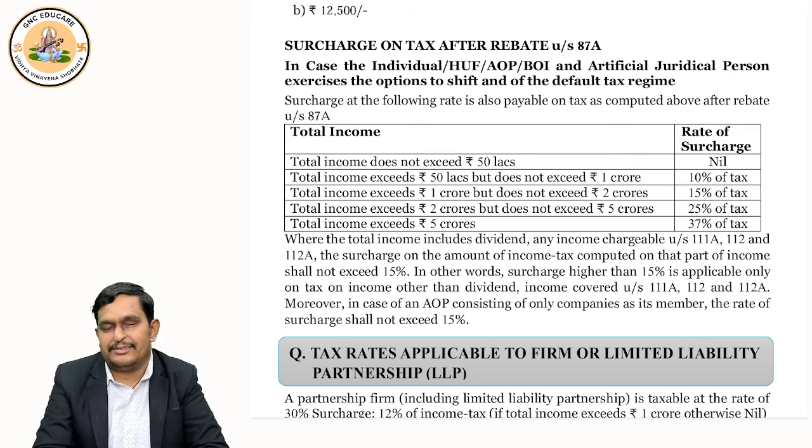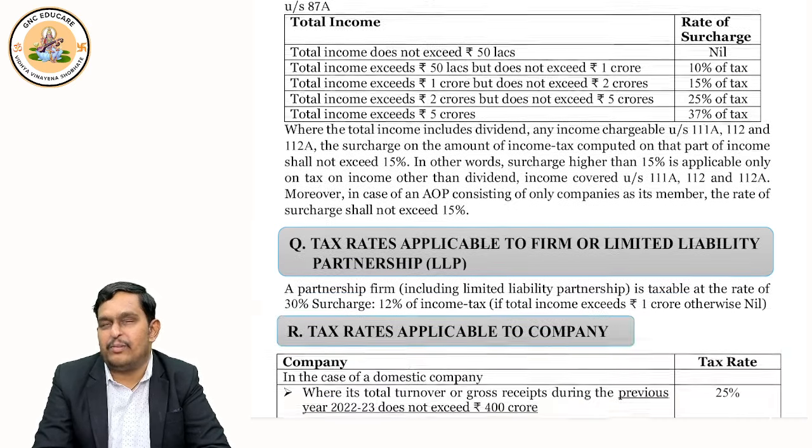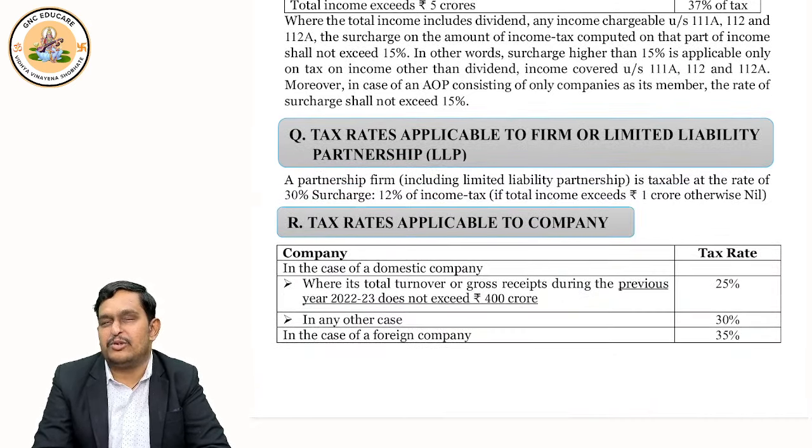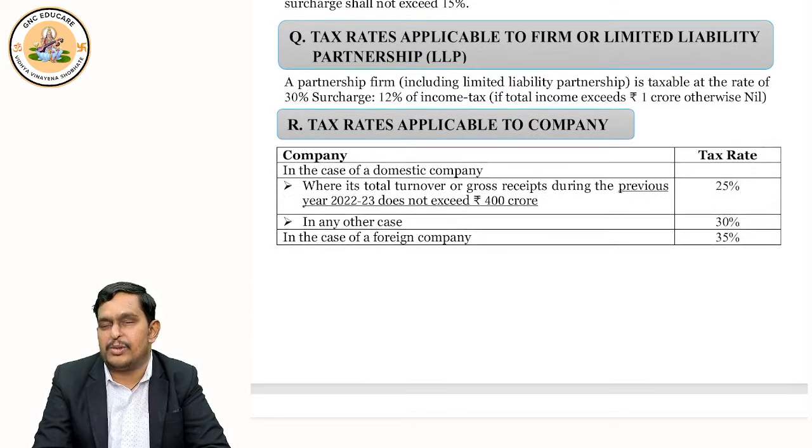Okay, next. What are the tax rates applicable to a partnership firm? Simple, 30%. Suppose one partnership firm prepared its P&L account and they got income of 10 rupees. Sir, are you joking? I'm telling you just for you to understand, 10 rupees. Their business income, or total income, came to 10 rupees.